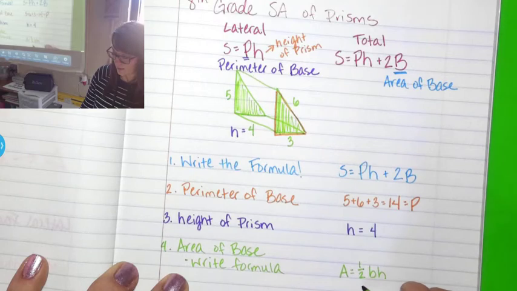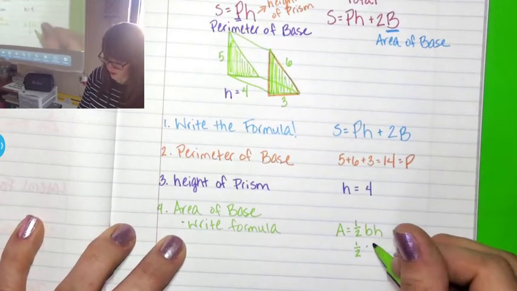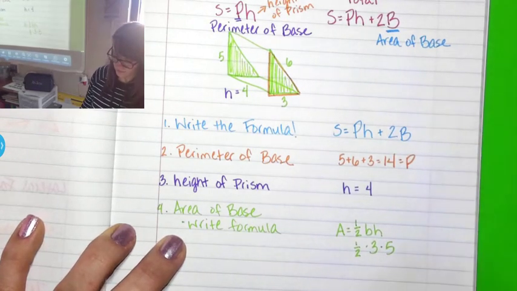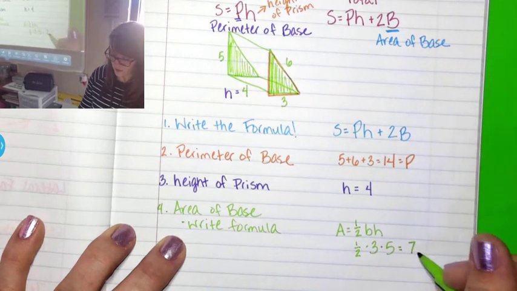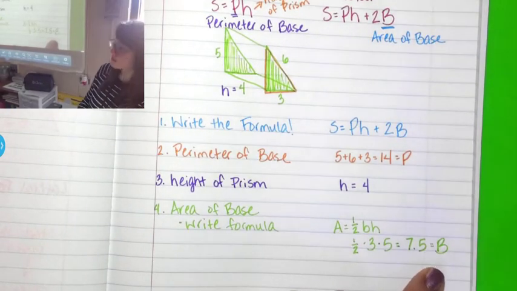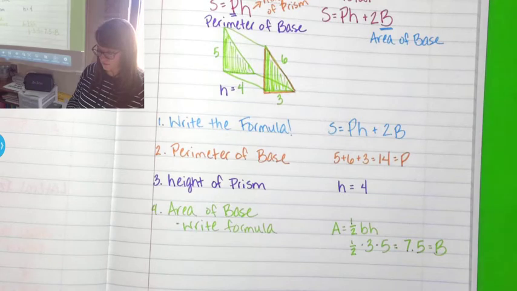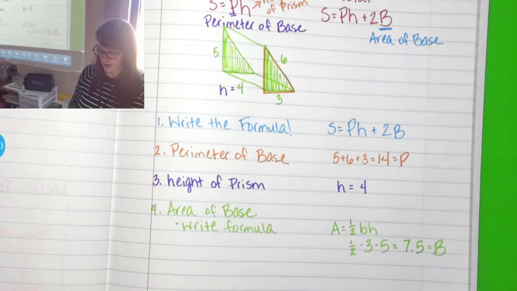What is the base of the triangle? 3. What's the height of the triangle? 5. So 3 times 5 is 15, and half of 15 is 7.5. This is my capital B. Capital B, area of the base, is 7.5. Write the formula. Since it's a triangle, I don't want you to forget how to find area of a triangle.